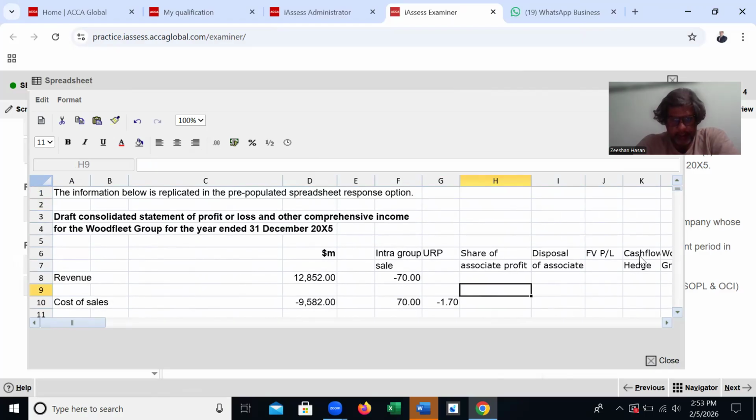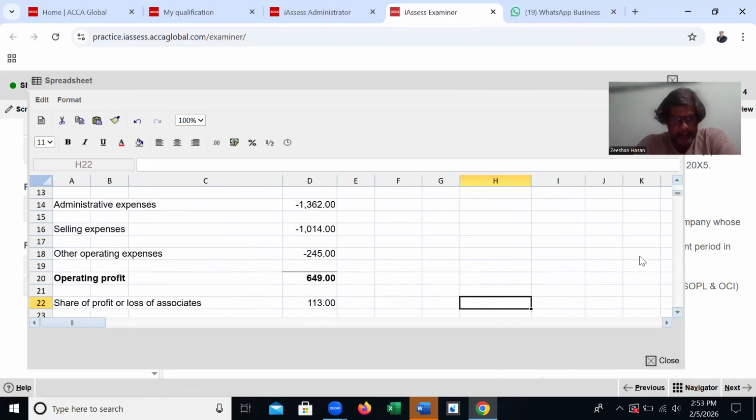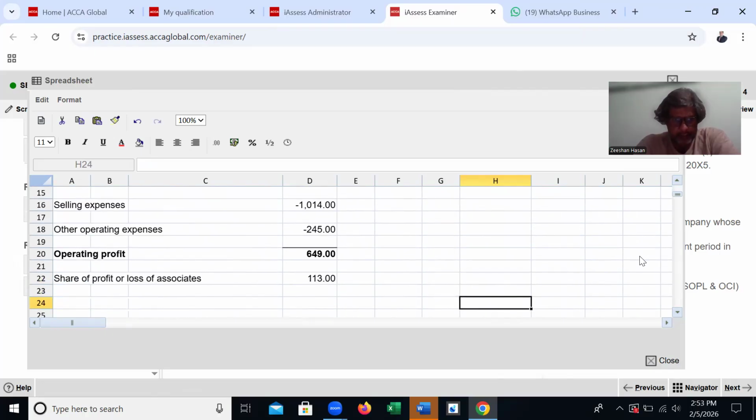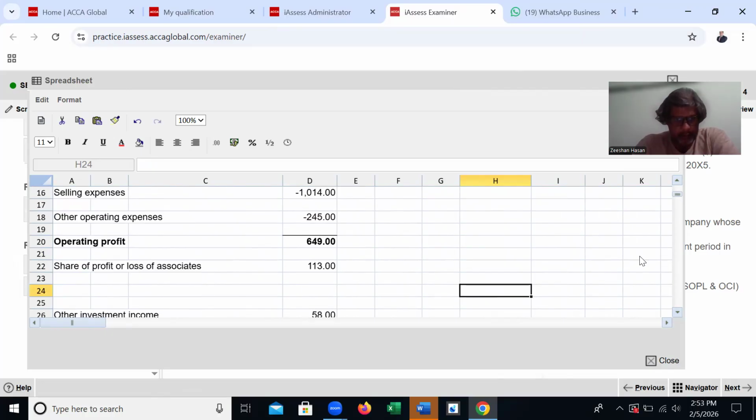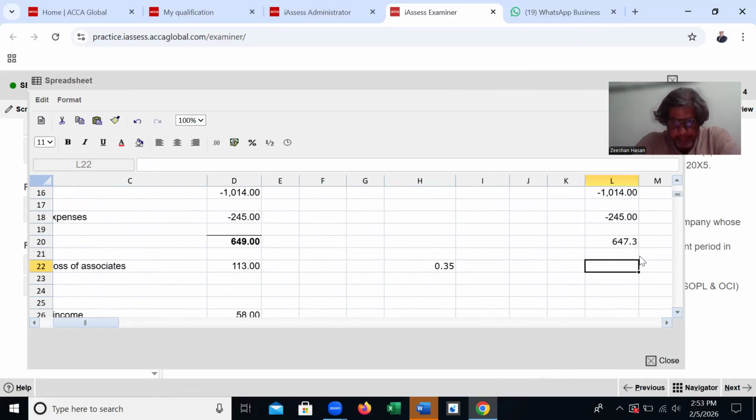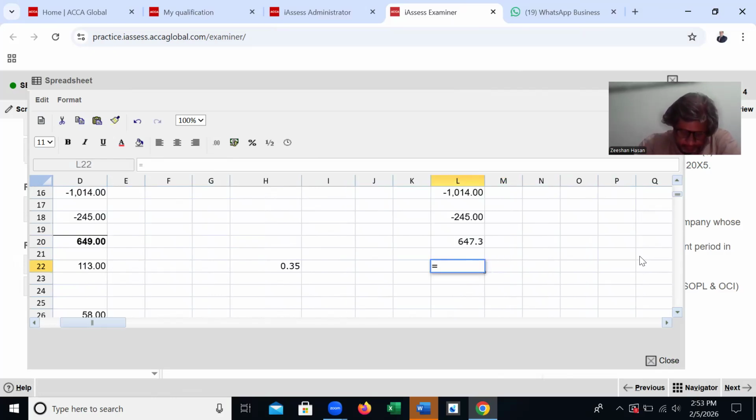It's 113 and 0.35. We get here 113 plus.